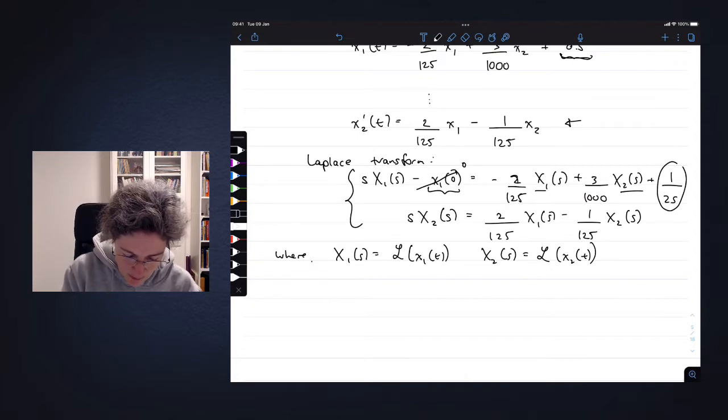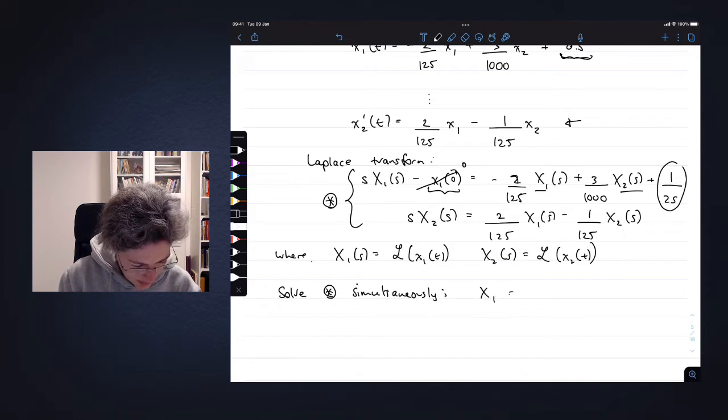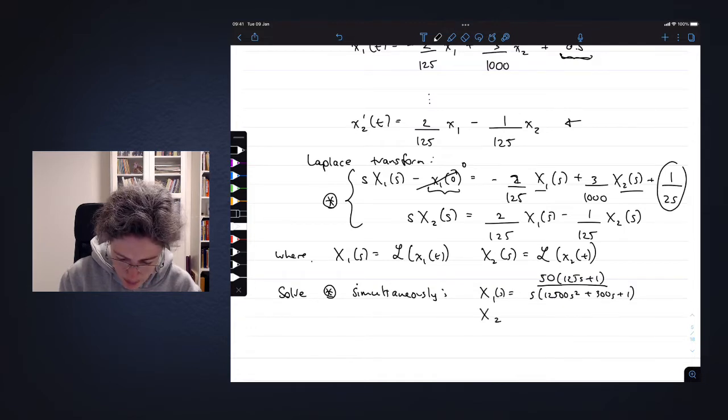So you can solve, and if you do that, you will find x1 is equal to 5125 s plus 1 all over, so things that look very similar to the Laplace transforms for individual differential equations that we were finding.